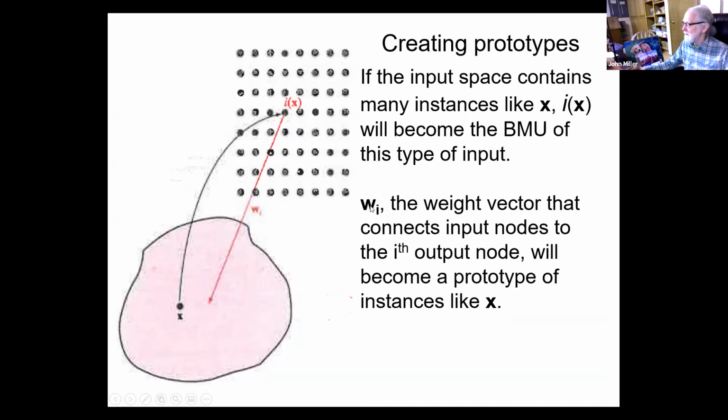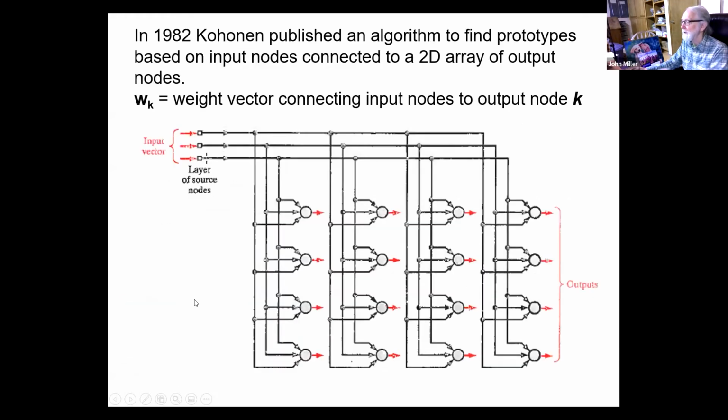Now then, the weight, W sub I, that connects input nodes of the type X to this particular node in the lattice, that will become a vector that we call the prototype of instances of type X. So again, going back to the previous slide, basically we're going to find pixels of similar colors, and they're going to be associated with a particular output node here.